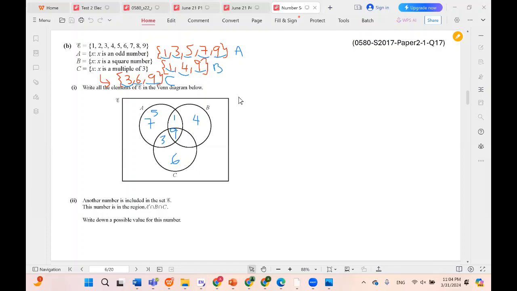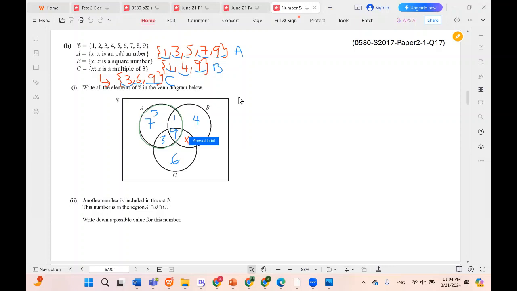Everything outside the green circle, but it is also in the intersection of B and C. So this number has to be common between B and C. So it has to be somewhere here, but it has to be outside of A.